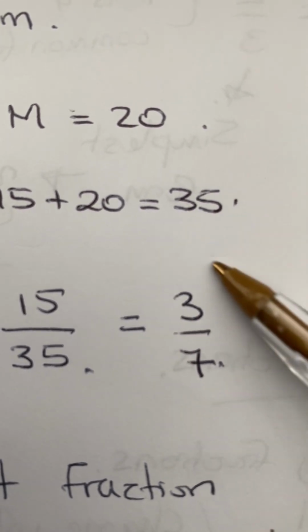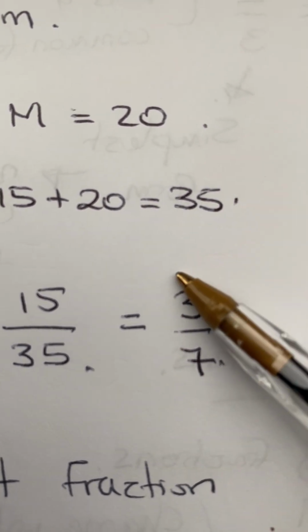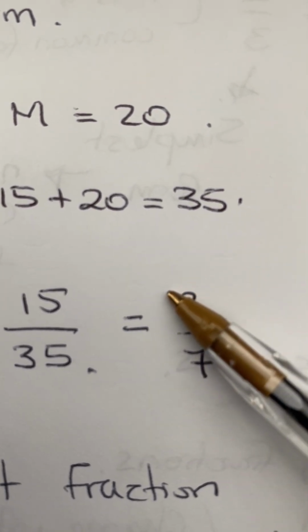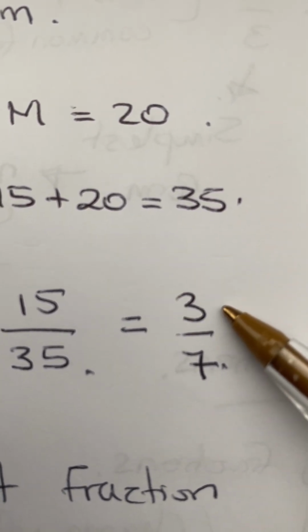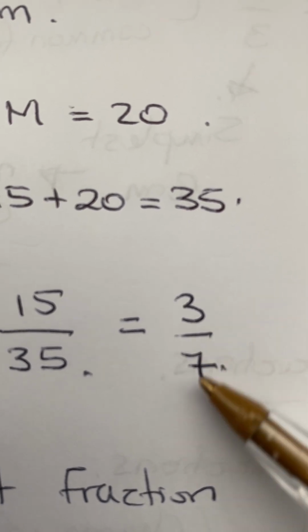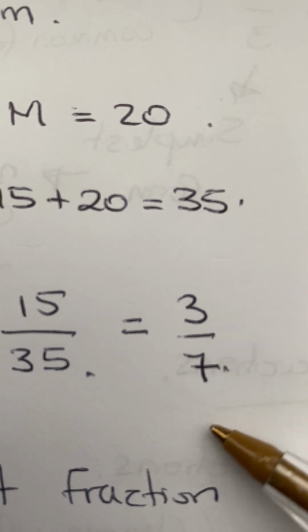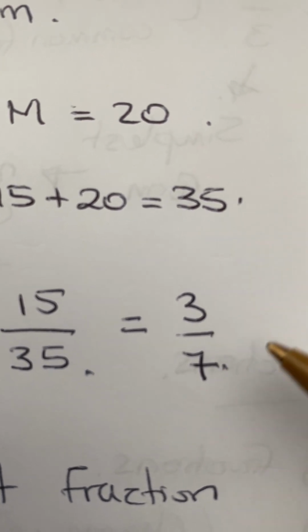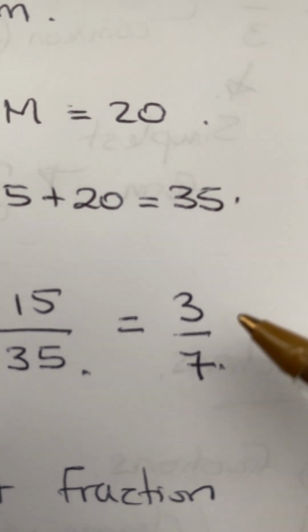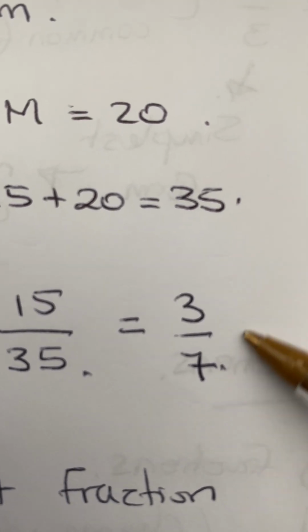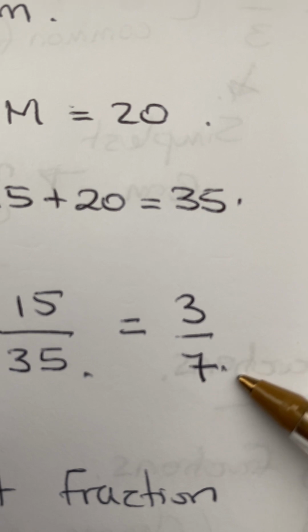And we've left it in the simplest form because we can't find any more numbers, except one, that can go into 3 and go into 7. If it were 3 out of 6, then we could break it down further. But 3 out of 7, that is where we end, and that will be our answer.